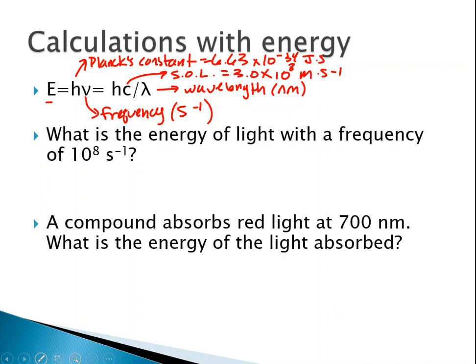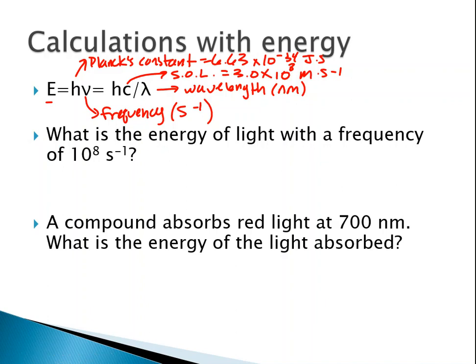So these are essentially just plug and chug problems. If you're given frequency and asked to calculate energy, it's just Planck's constant times the frequency. If you're given the wavelength of radiation and asked for the amount of energy it contains, h and c are constants, so all you would need to know is the wavelength to solve for the energy.